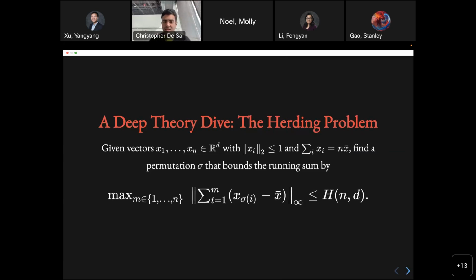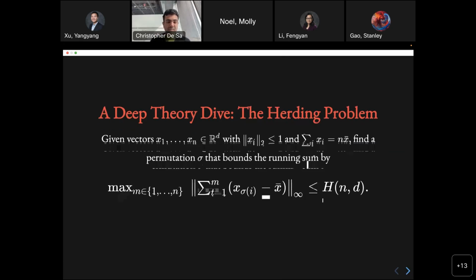So here's the idea. Given some vectors, we want to find the permutation sigma that bounds the herding or the running sum by some quantity h of n and d.